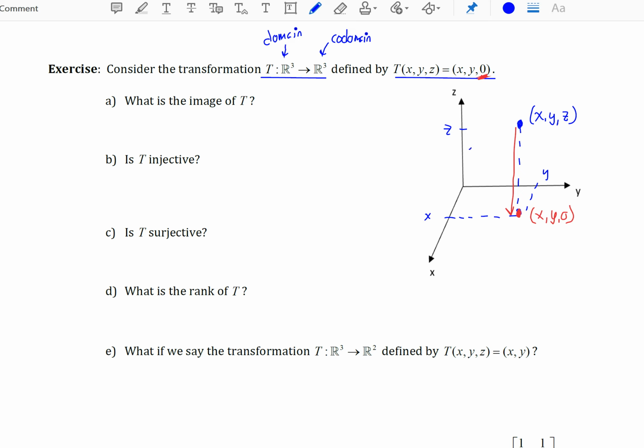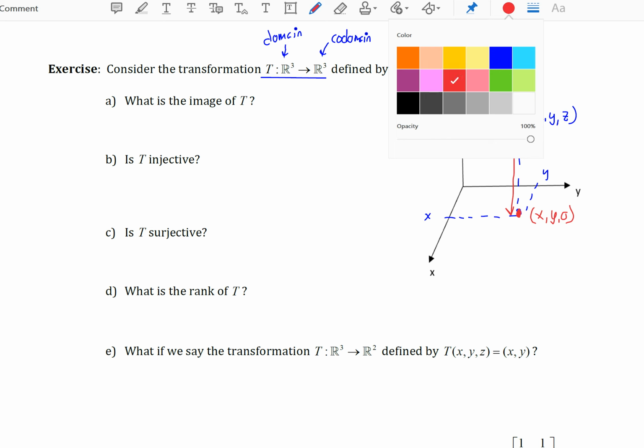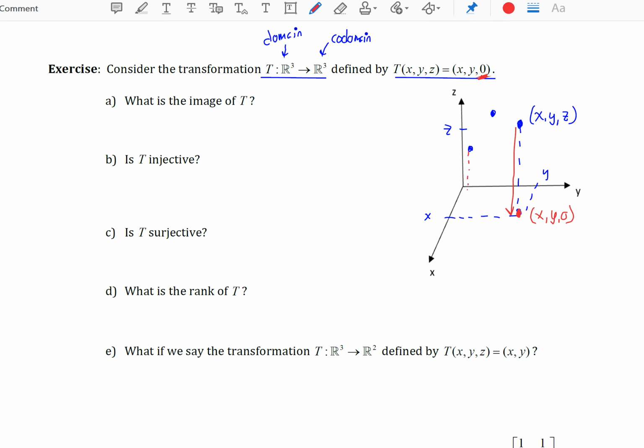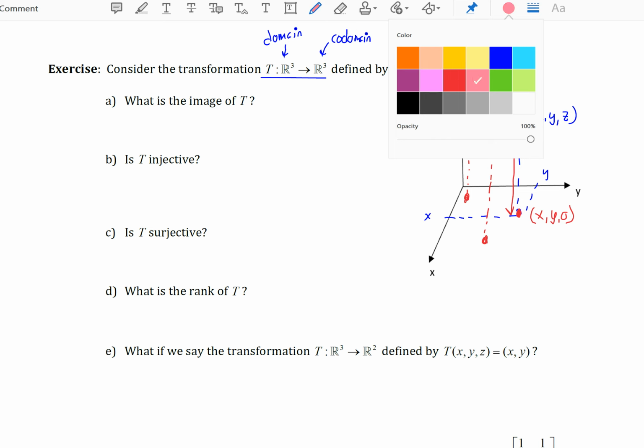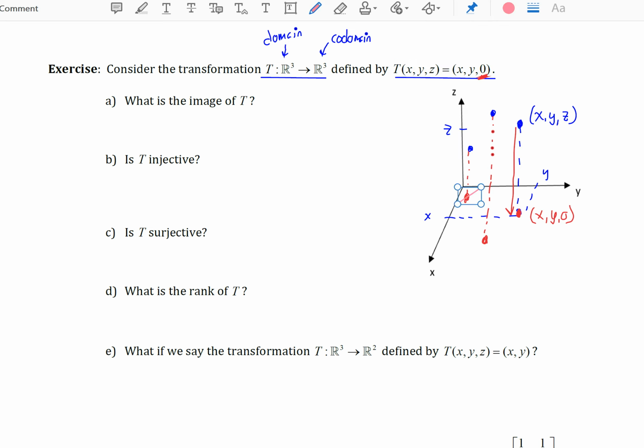If we imagine this happening for several points in our domain, all of these points would be projected downwards. And we can visualize that this will end up covering the entire xy plane.